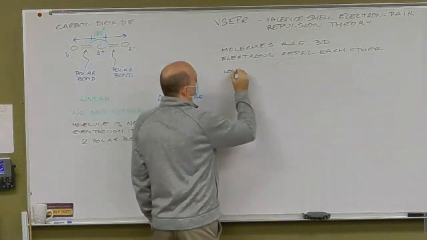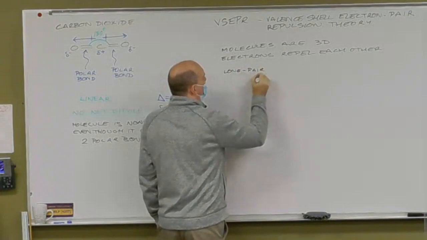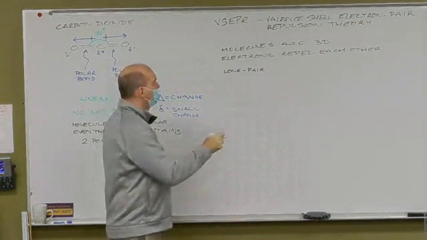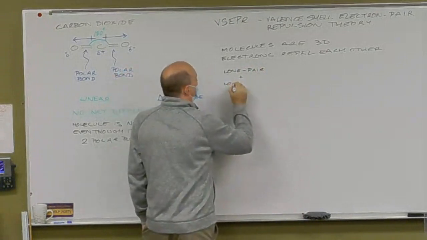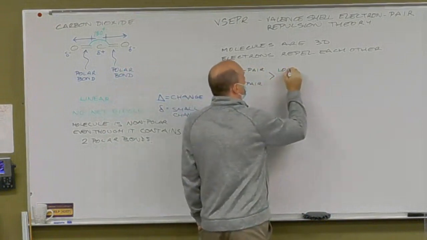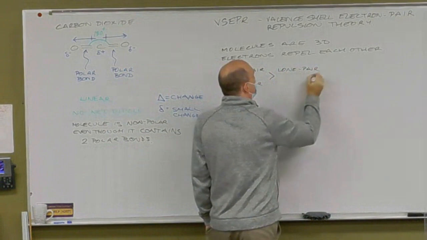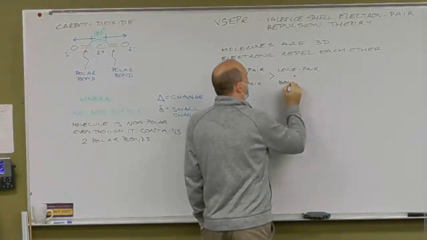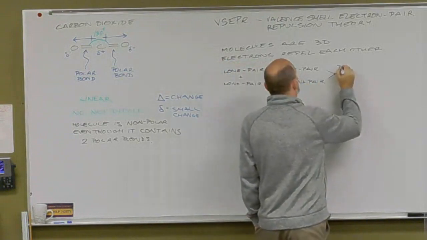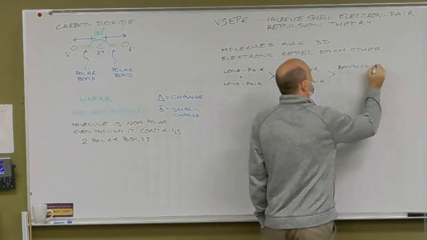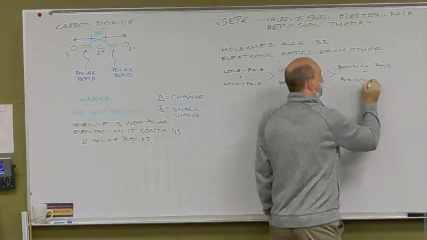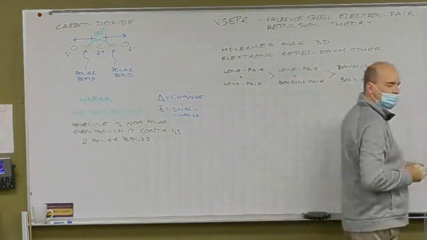That the repulsion between a lone pair of electrons, that's the non-bonding pair of electrons that we see on nitrogens, oxygens, and chlorines, and another lone pair of electrons is bigger than the repulsion between a lone pair and a bonding pair, which in turn is bigger than the repulsion between a bonding pair and another bonding pair.